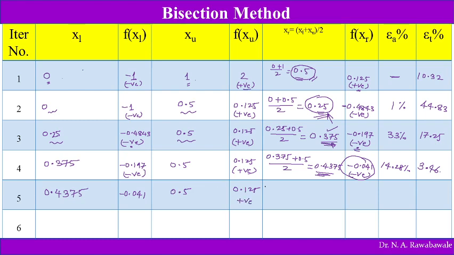Now again the average of 0.4375 plus 0.5 divided by 2 gives us 0.46875.